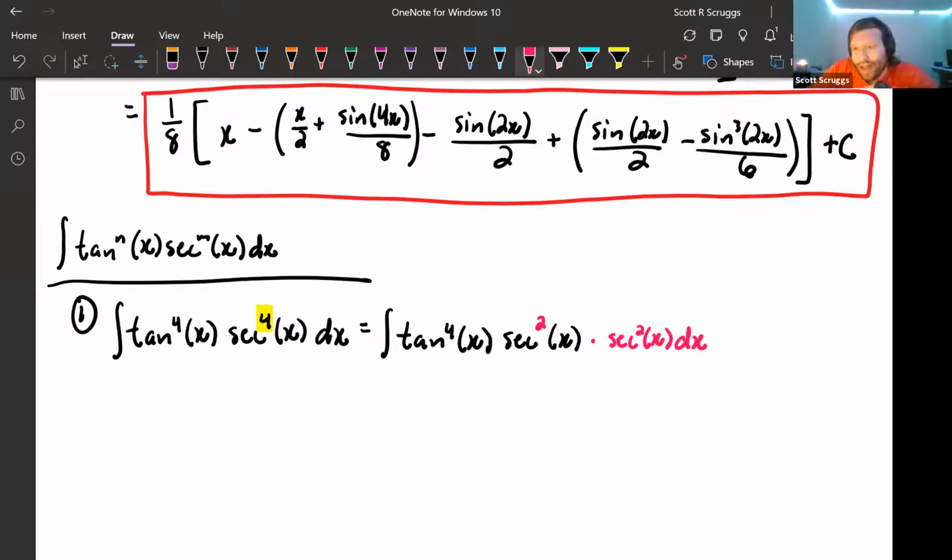Now, the reason why I am taking away a secant squared instead of just one secant is because, just like before, I want that part in pink to be my du when I perform a u substitution.